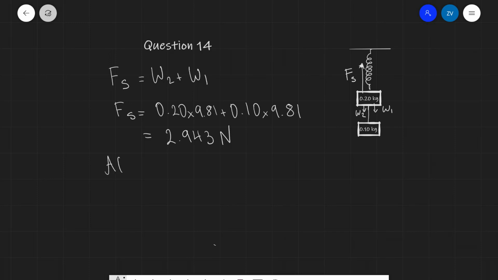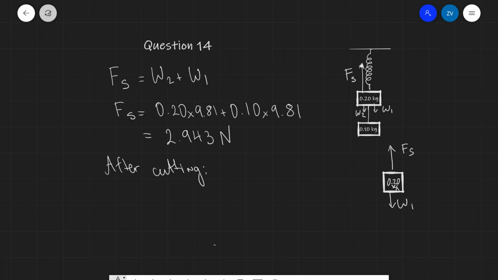Now let's think about what happens after we cut the second mass. After cutting, the spring force will remain absolutely the same, and the weight of the 0.2 kg mass will also remain the same. In other words, there are only going to be two forces acting on the 0.20 kg box: the force of the spring, which will be the same at the very instant that it starts to accelerate, and the weight 1.